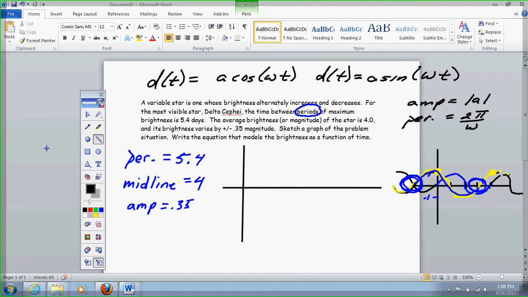Okay, so again, it doesn't really matter if we choose sine or cosine, but let's just take a look at using cosine. So one thing that you should know by now is that you're going to have to look at one period of this cosine curve, and since our period is 5.4, it's not 2 pi, that tells me that omega is going to be some value.